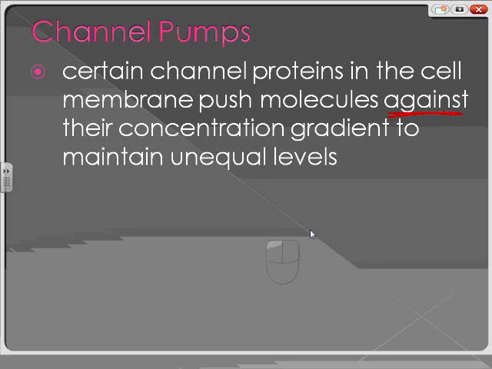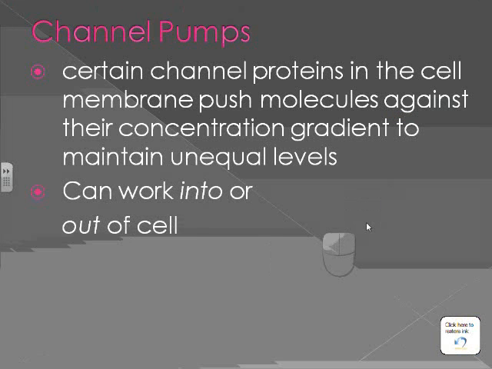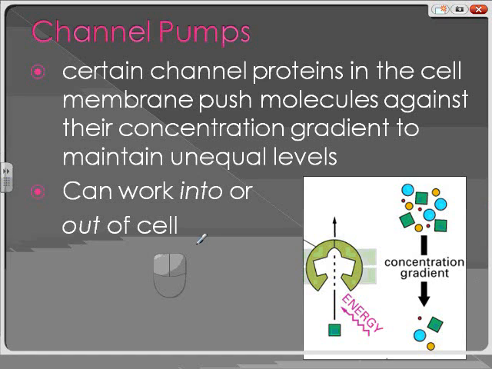Remember the back doors? These are back doors that work in the wrong direction. They push things against the concentration gradient. They can go in or out of the cell depending on where they're trying to force the molecules into. In this picture, we've got low concentration, we've got high concentration.